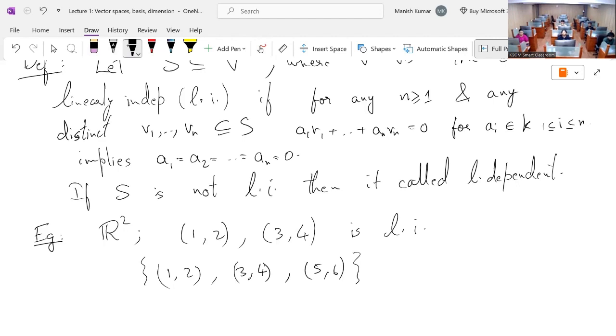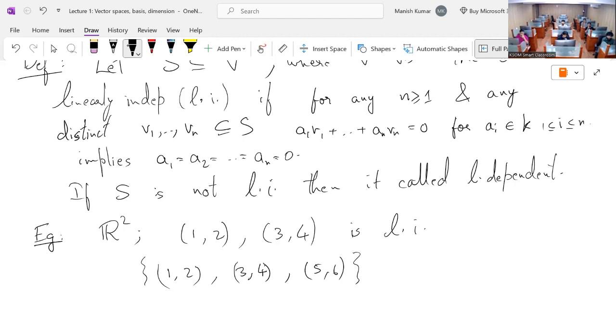So why is it linearly dependent? I guess you may have seen some theorems. R2 is a two-dimensional vector space, and we have taken three vectors, so it has to be linearly dependent. We'll define all this in a bit. But you can actually find a relation.